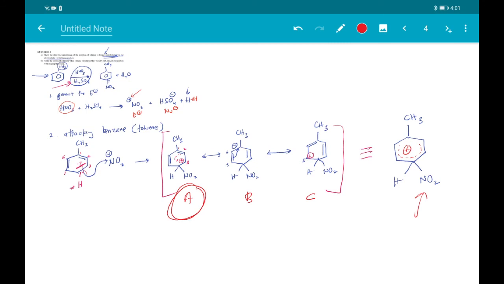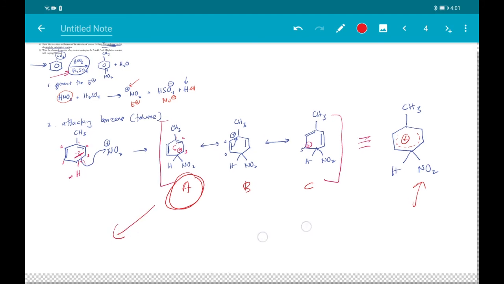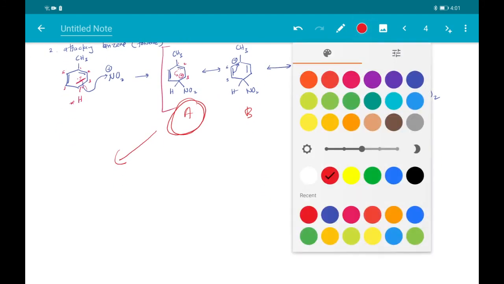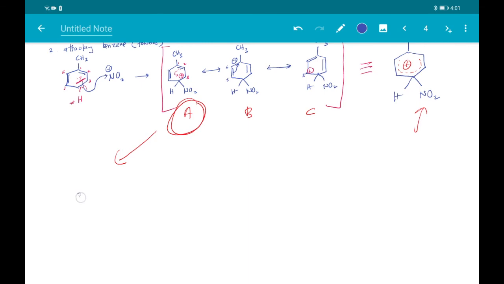Okay, last but not least, we're going to use the structure A to form the final step, which is to regenerate the catalyst. Okay, again, the catalyst in this reaction was sulfuric acid.